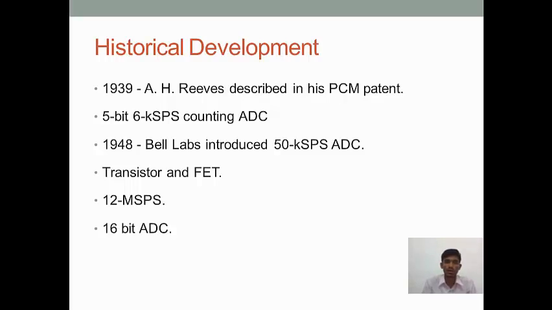Then researchers in the semiconductor field introduced transistors and FETs, which greatly improved this field. Nowadays, we can find sample and hold circuitry which can support up to 16-bit ADC and have a speed of more than 12 mega samples per second.